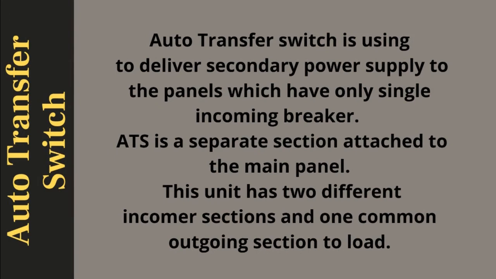Auto transfer switch is used to deliver secondary power supply to panels which have only a single incoming breaker. ATS is a separate section attached to the main panel. This unit has two different incomer sections and one common outgoing section to the load.